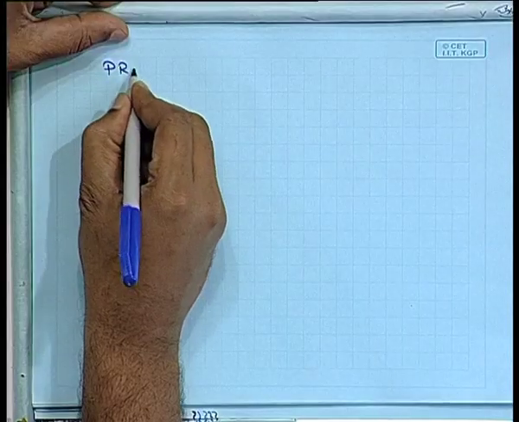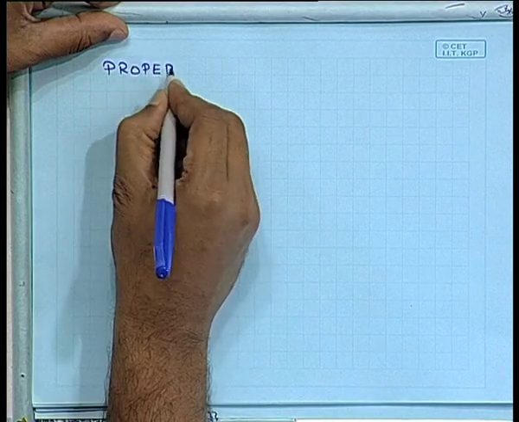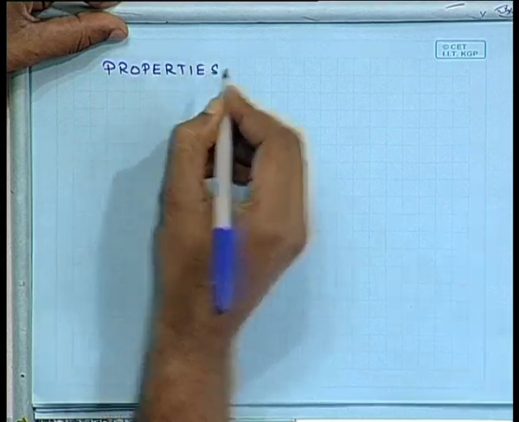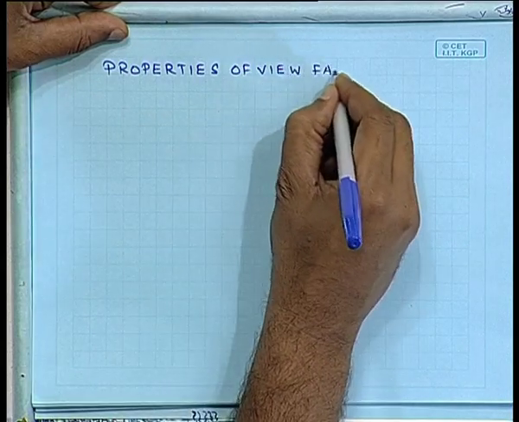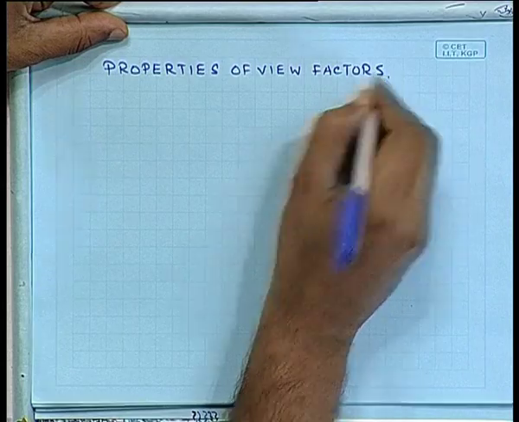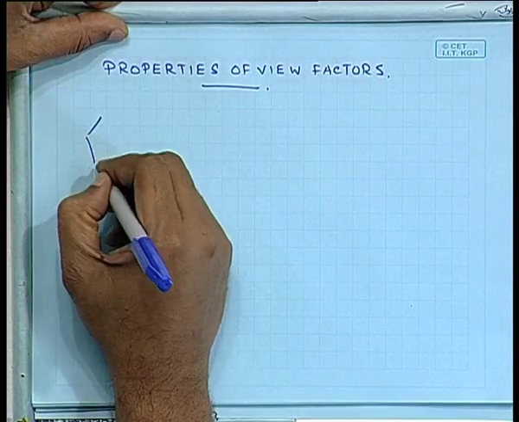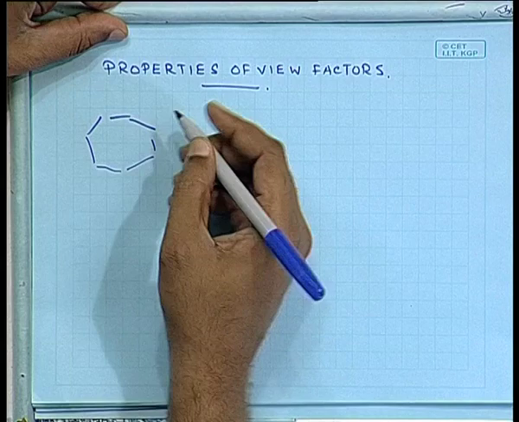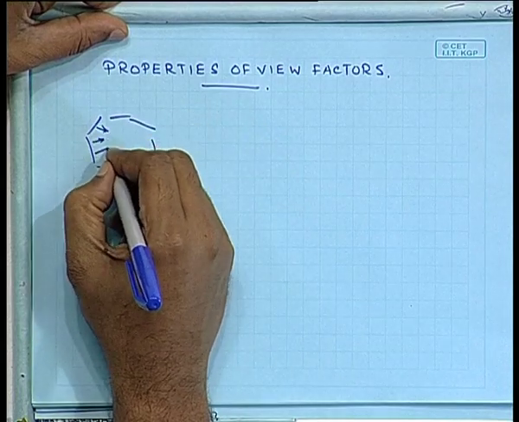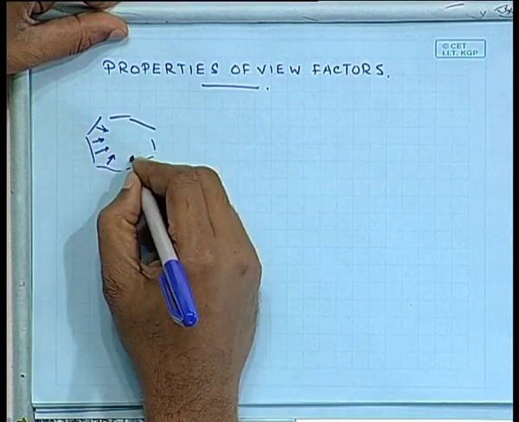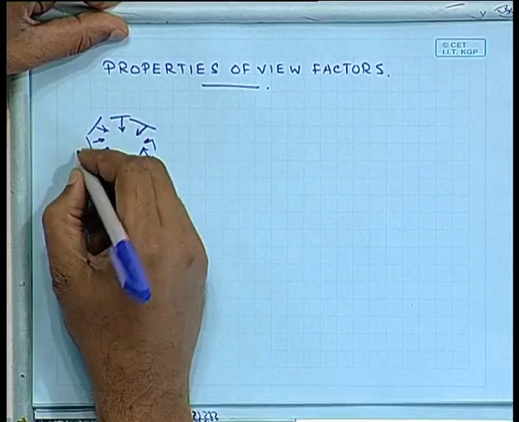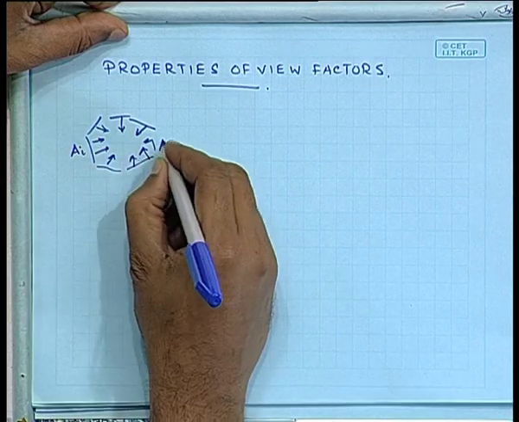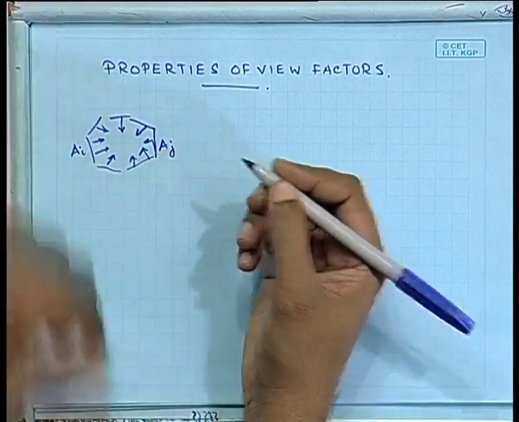Now, there are certain properties of view factors which are going to be extremely important. Let us say we have an enclosure, and this is the AI surface, this is the AJ surface.